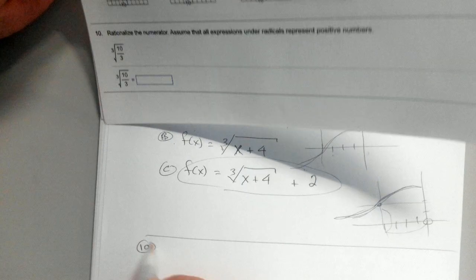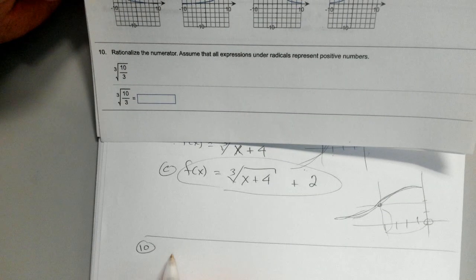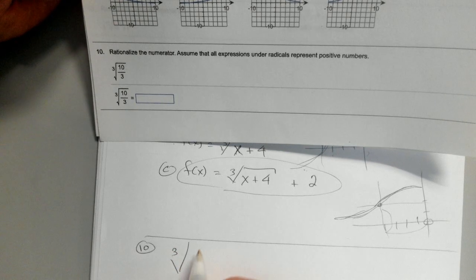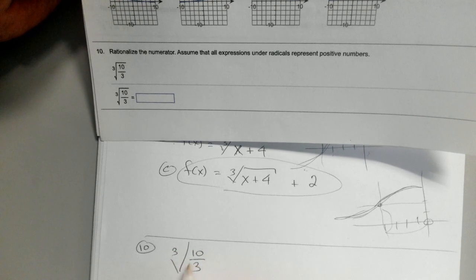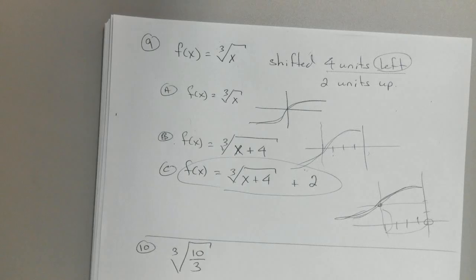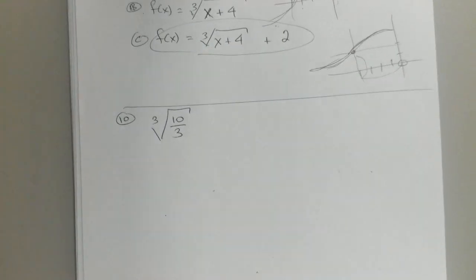Number 10. Rationalize the denominator. How do we rationalize?